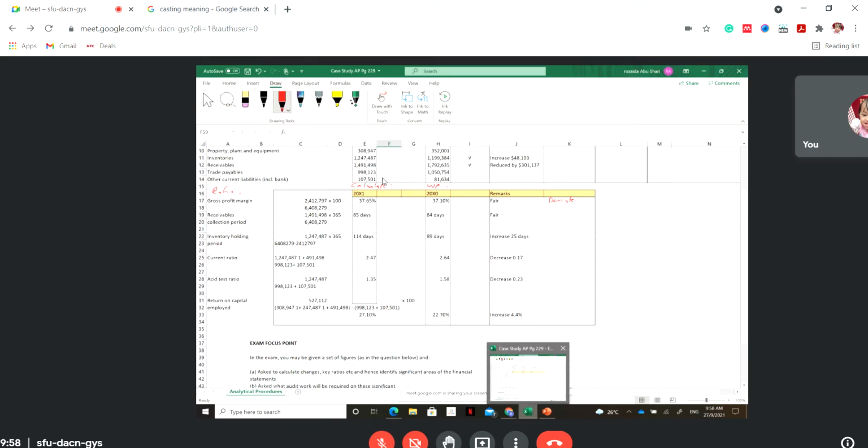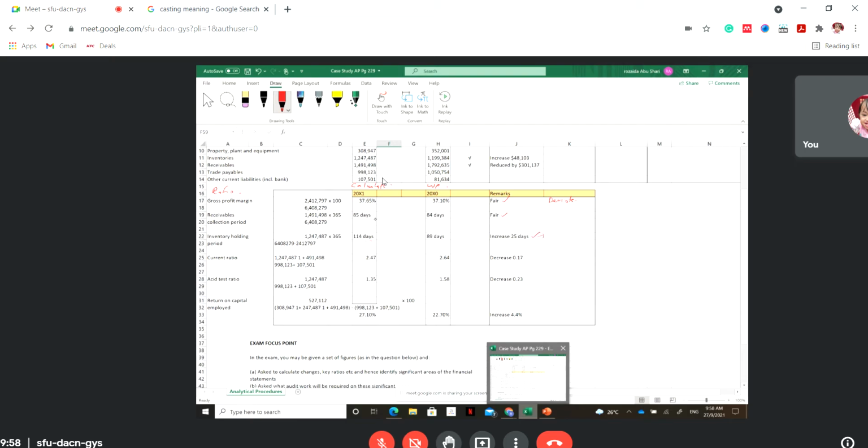Gross profit margin: you have 37.65 for year X1, and from the working paper last year 37.10. It has not changed drastically, so you mark it fair. Receivable collection period, 84 and 85, also does not have any unusual changes. Inventory holding period went from 89 days to 114 days, an increase of 25 days.